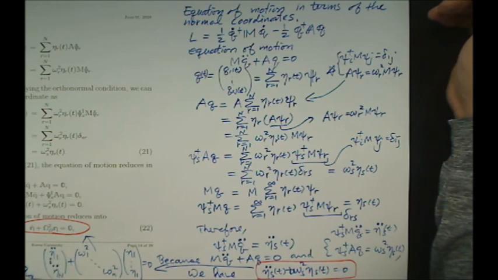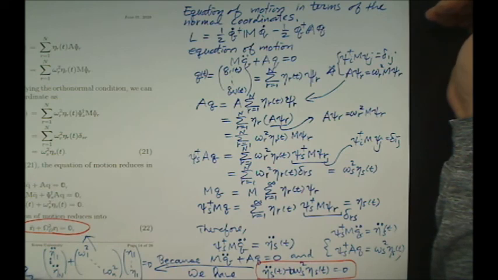So we have made a Taylor series expansion for this potential energy, and the constant piece was observed to be zero. The constant contribution to the potential energy does not contribute to the equation of motion, so neglect the constant piece.